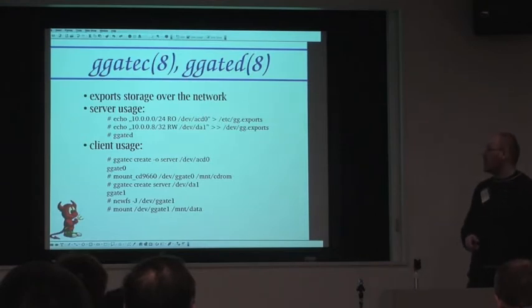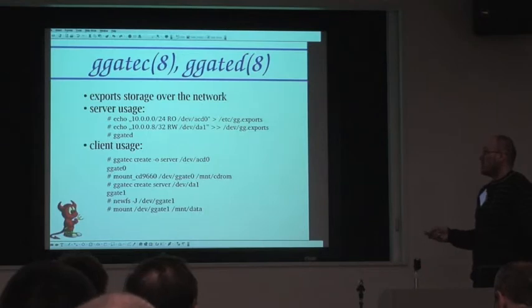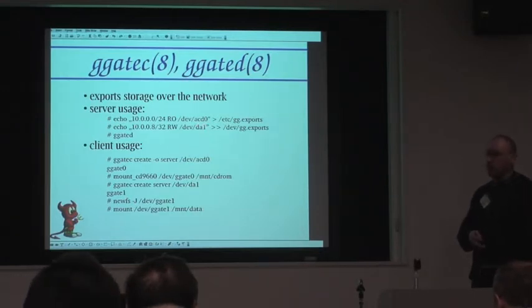Okay, we have GEOM gate. This class allows exporting storage over the network. I sometimes use it, it's really easy to use. I have some problems with the CD-ROM in my laptop, so I sometimes use the CD-ROM from my home machine.